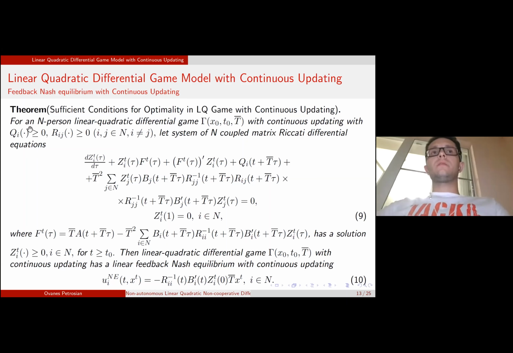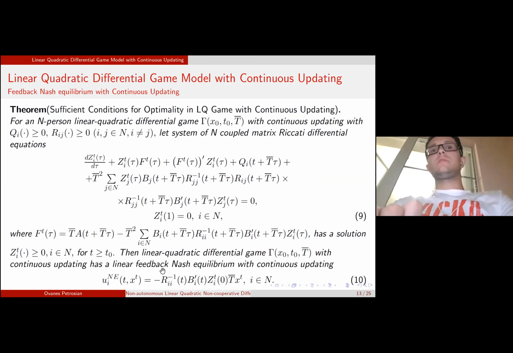This is the result which is true for the n-person linear quadratic non-autonomous differential game with continuous updating. If the solution of the system of Riccati differential equations 9 exists, then the linear quadratic differential game with continuous updating has a linear feedback Nash equilibrium in the form 10. Okay, what is important?